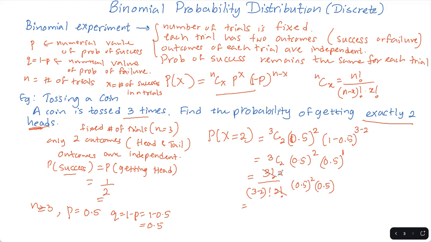So we have 3 left, and 3 minus 2 is 1, 1 factorial is 1. So 3 times 0.5 squared times 0.5 is 0.375. This is the probability of getting exactly 2 heads in this experiment.